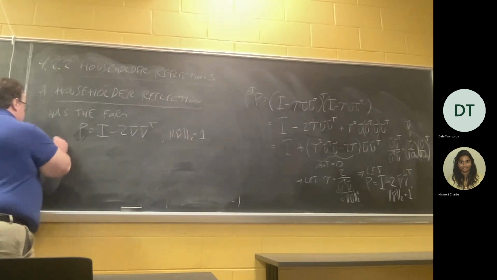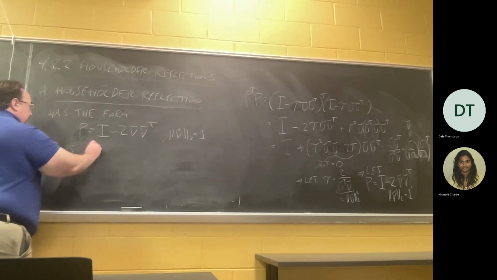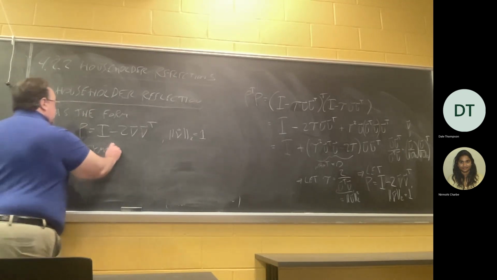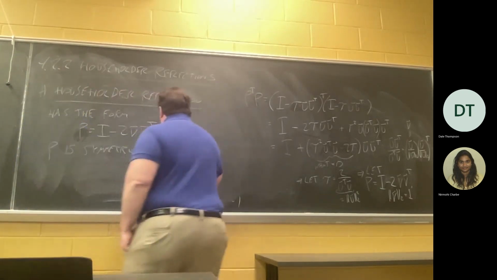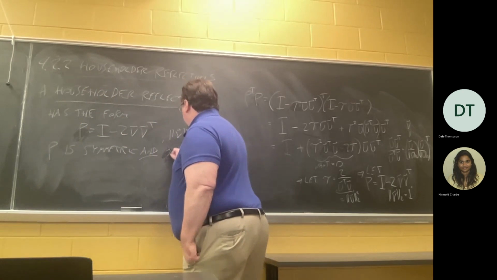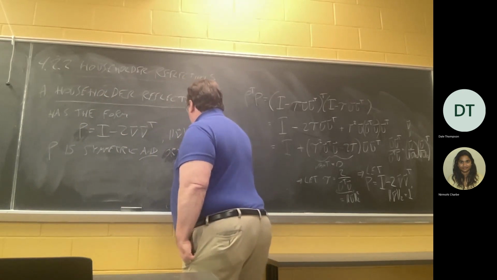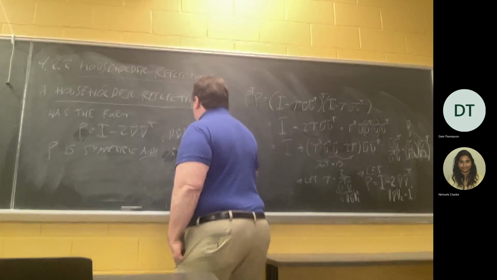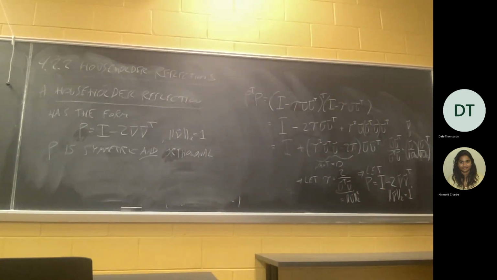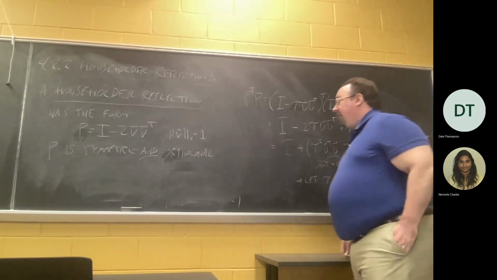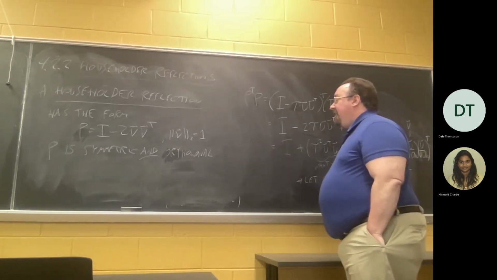Now, P of this form is symmetric and orthogonal. But these are odd. You think that there wouldn't be any such thing as a matrix that is both symmetric and orthogonal, except maybe like identity or minus identity. But these matrices do it too, this rank 1 update of identity.